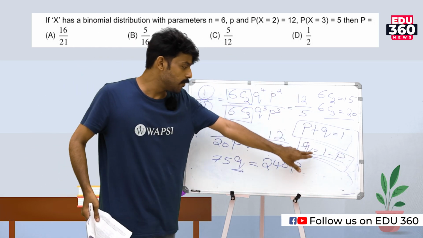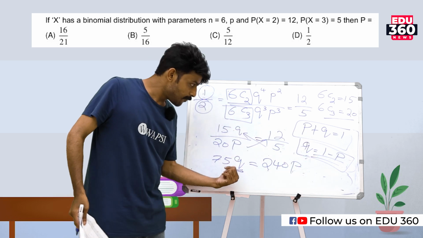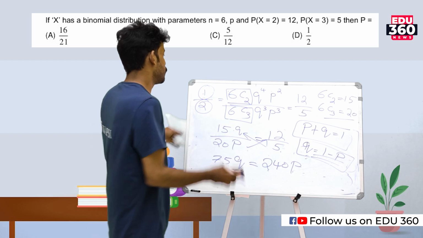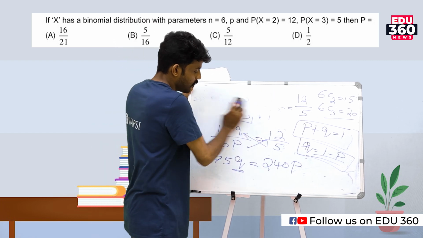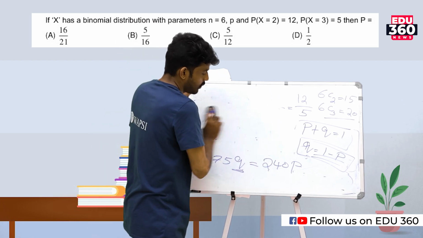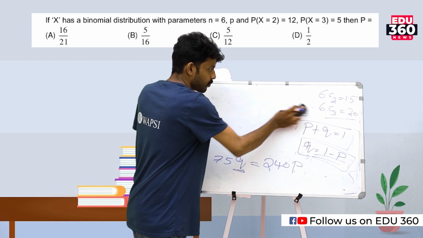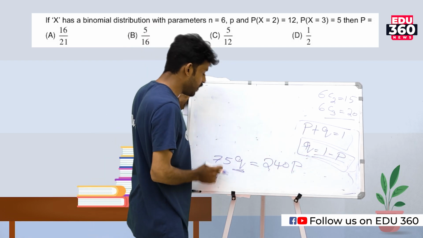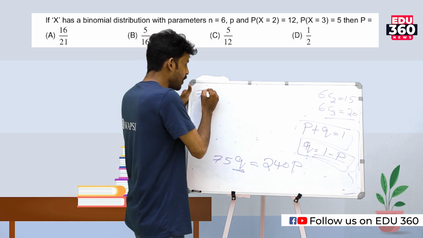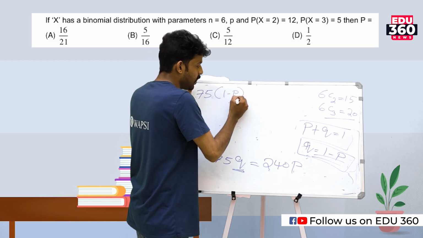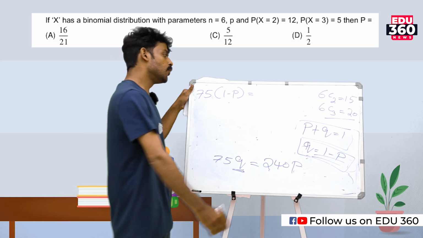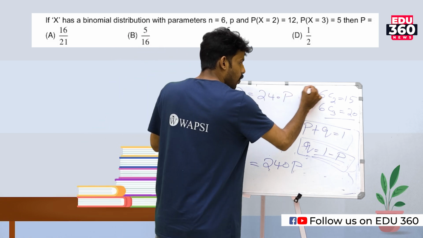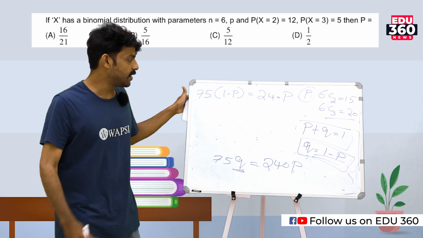So instead of q we can write it as 1 minus p. While we are substituting the value of q is equal to 1 minus p here, we can write it as 75 into 1 minus p is equal to 240p. We need to find the value of p only here.